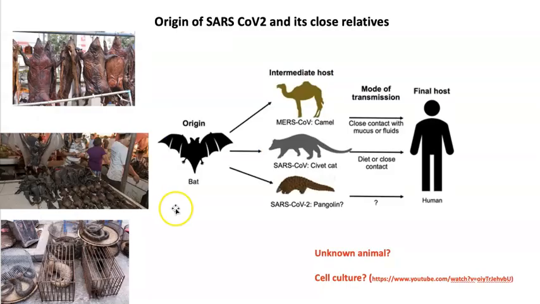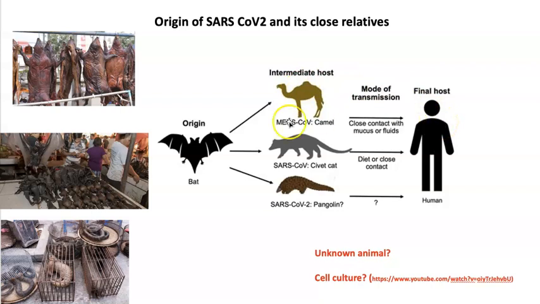This slide depicts some transmission patterns that have been established for two of SARS-CoV-2's close relatives, MERS-CoV and SARS-CoV-1, and then presents a hypothetical transmission pathway to humans for SARS-CoV-2. So MERS, for example, most likely originated in a bat and used a camel intermediate host, which then transmitted to humans.